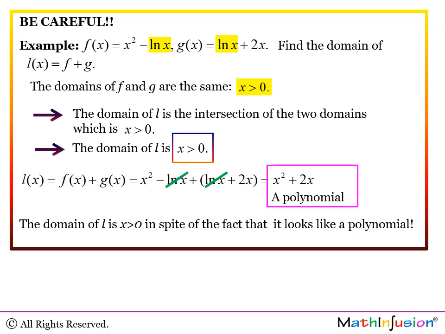It's almost like the "be careful" that we had before. By simplifying L of x and getting the polynomial x to the power of 2 plus 2x, we are rewriting the function differently, but we really get a different function because the domain is different from the original domain of the function f plus g.